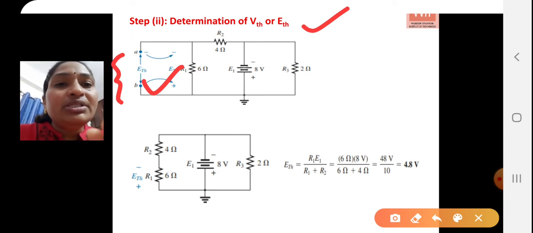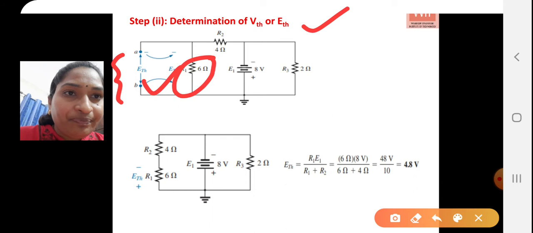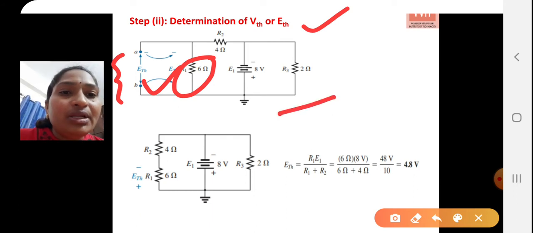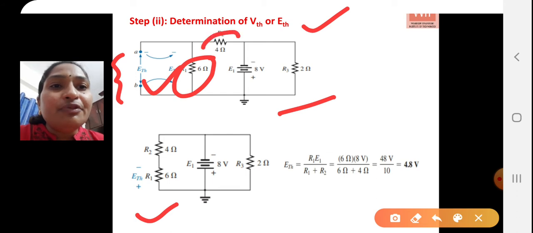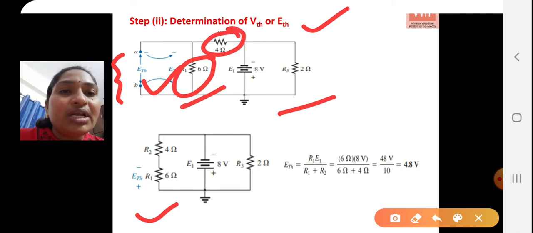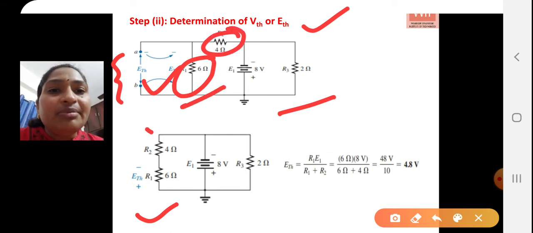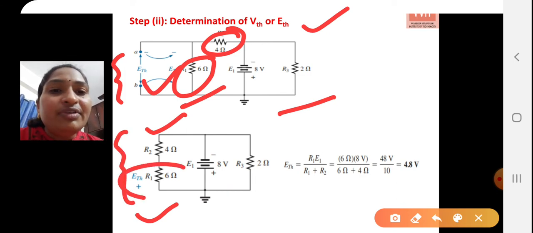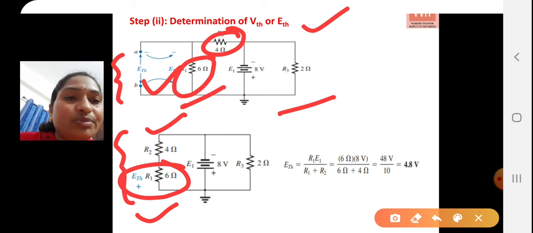This open circuit voltage is nothing but the voltage across the 6 ohms branch. So I am redrawing this circuit like this. Here 4 ohms and 6 ohms are both connected in series, and E Thevenin is the voltage across the 6 ohms branch.